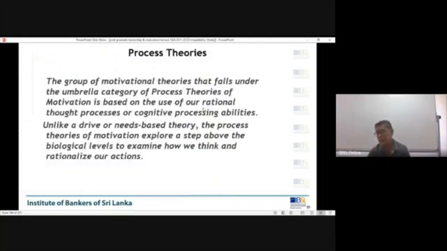Earlier we discussed what is meant by a process theory. Usually we call process theory the group of motivational theories that fall under the umbrella category of process theories, right?